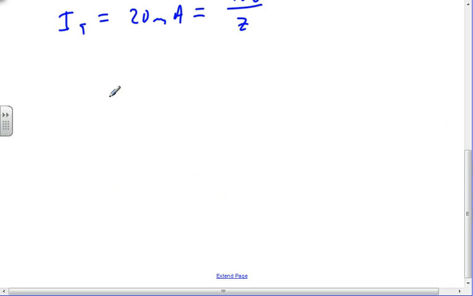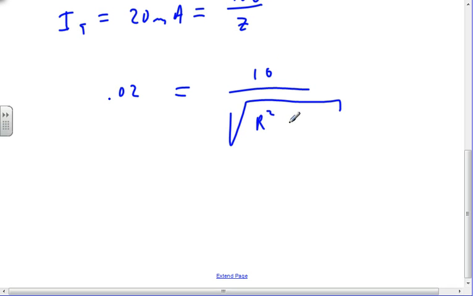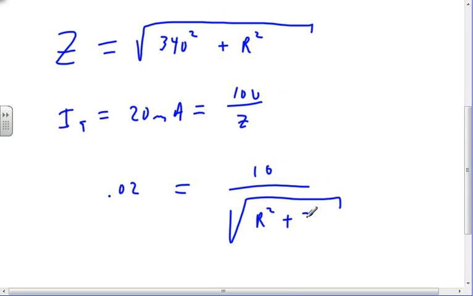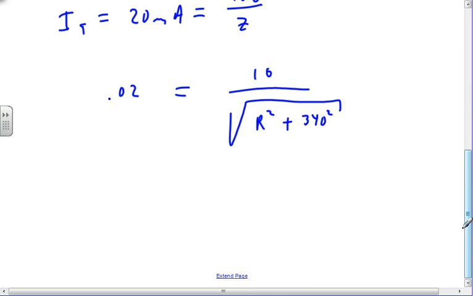All right, so I've got 0.02 is equal to 10 divided by the square root of r squared plus 340 squared. Okay, so I'll rewrite that: 0.02 times the square root of r squared plus 340 squared is equal to 10.